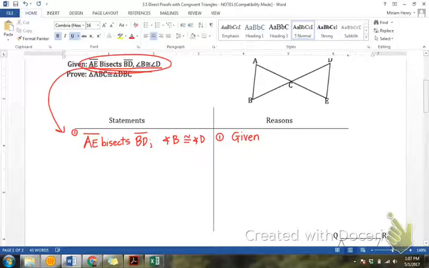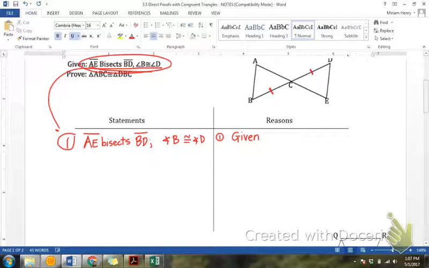Okay, so let's go ahead and mark in our diagram what we've been given. AE bisects BD. What does bisect mean? Cut it in half. Okay, so this segment here, AE, cut this one in half. So if it's going to cut that one in half, that means that BC is congruent to CD.